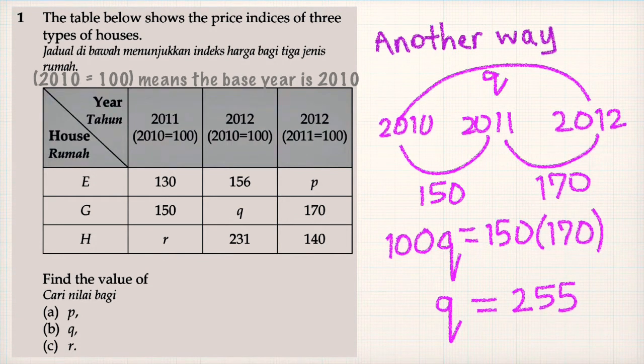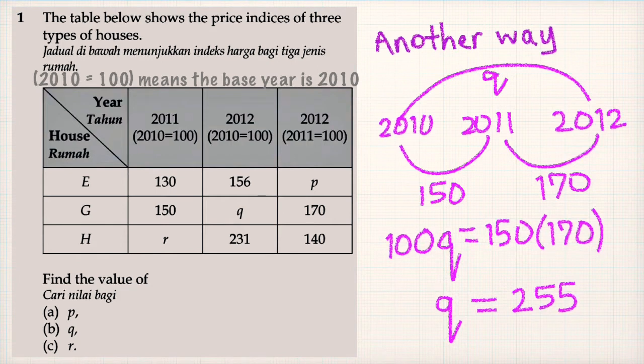Alright, the second question, you can do another way of the leap. If you look at the price indices of the three types of houses, we have the Q value in the middle. So you label all the years 2010, 2011, 2012.